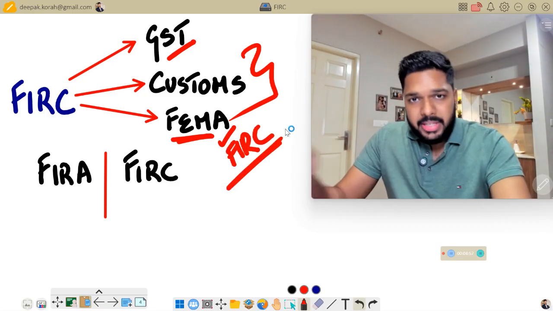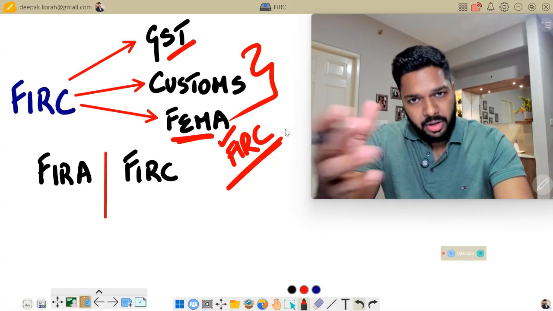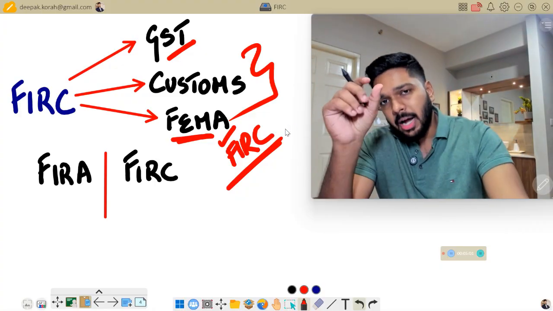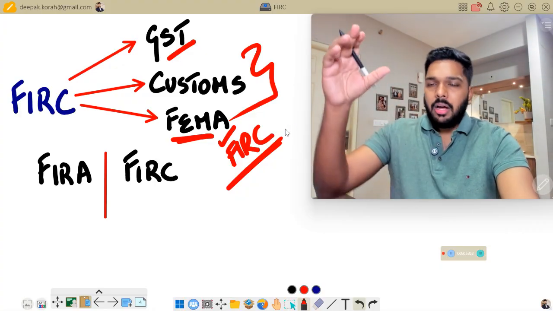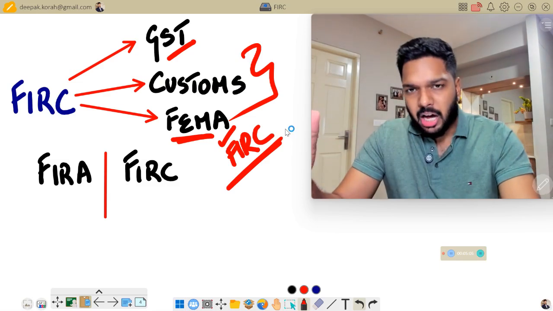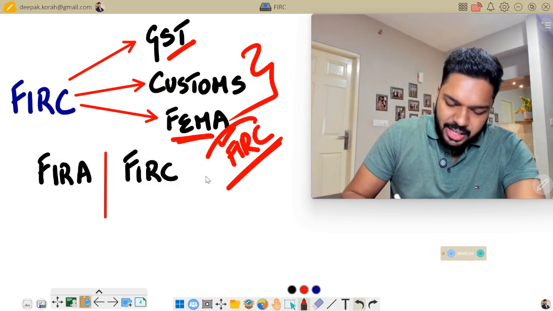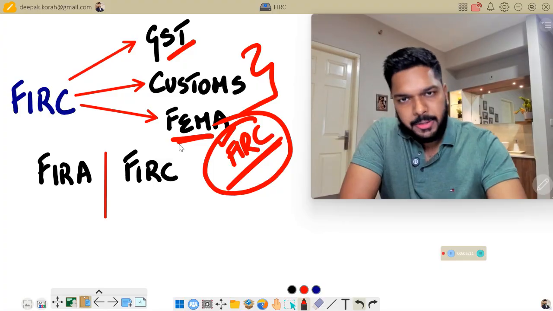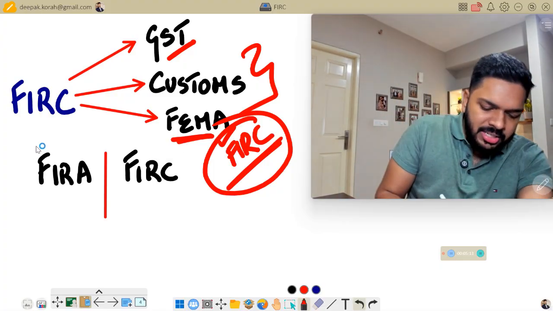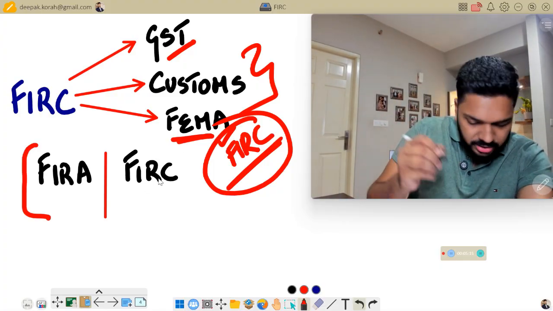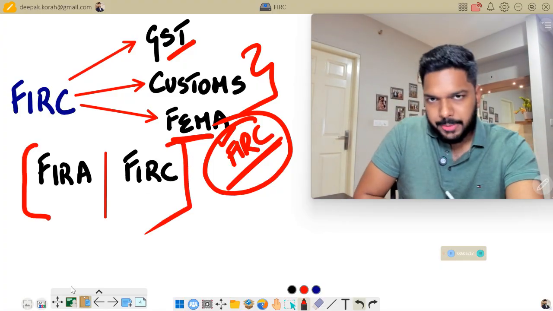Even for companies receiving investments from foreign investors from outside India, the company will have to file certain mandatory forms with the RBI, and one of the documents that goes in each such form is basically the FIRC or the Foreign Inward Remittance Certificate.